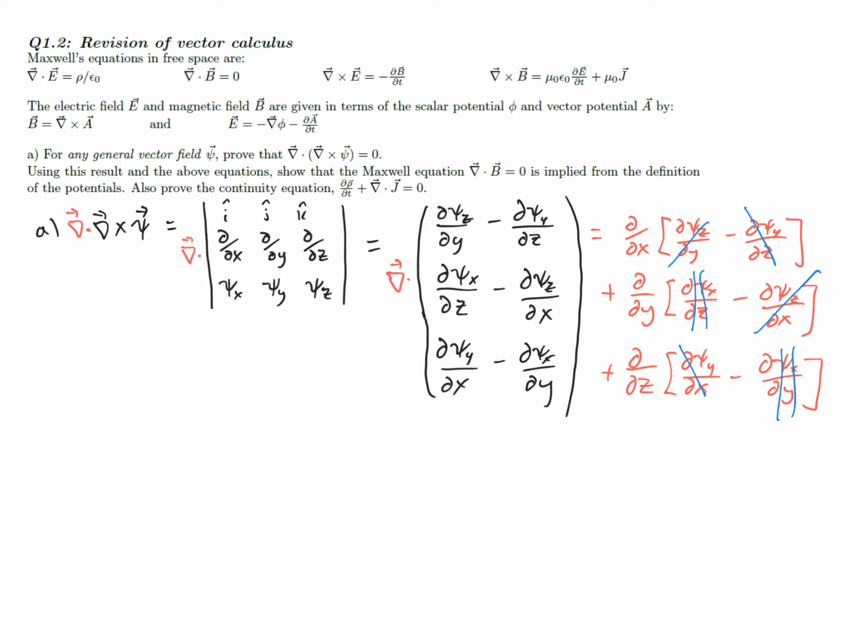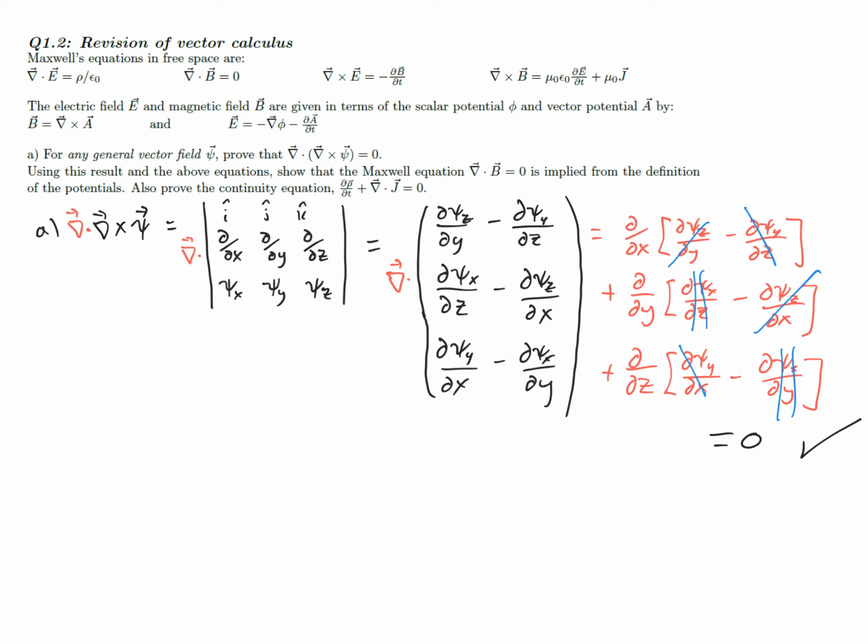And the reason why these cancel is because for any smooth functions, which these vector fields must be, the second mixed derivatives are equal, meaning if I take a function f, d squared f by dx dy is equal to d squared f by dy dx. Okay, so that all cancels out and gives 0. So equals 0, tick, that's done.